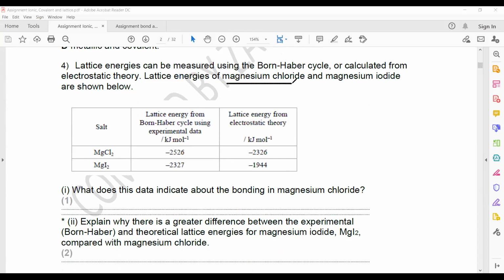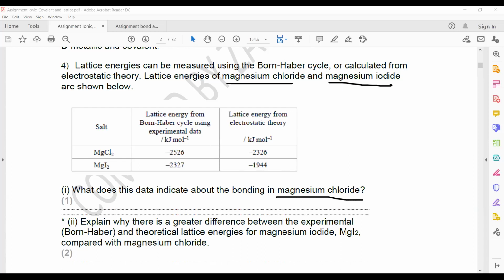Lattice energy of magnesium chloride and magnesium iodide are shown. So lattice energy by using Born-Haber and by using electrostatic theory are given. What does this data indicate about the bonding in magnesium chloride? It shows that it is not 100% ionic. Why is it not 100% ionic?